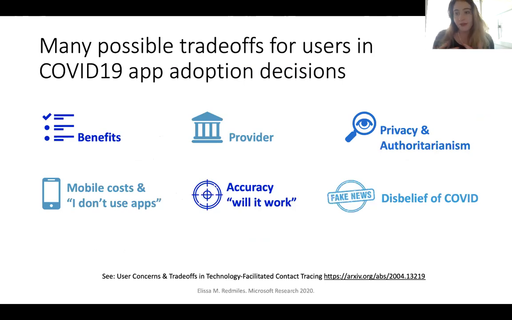So, I gave a brief overview of many possible trade-offs that affect people's adoption decisions. There are, of course, others, including incentives and many other things. And particularly, there may be factors that are culturally relevant that haven't been captured in some of the research that's been done.